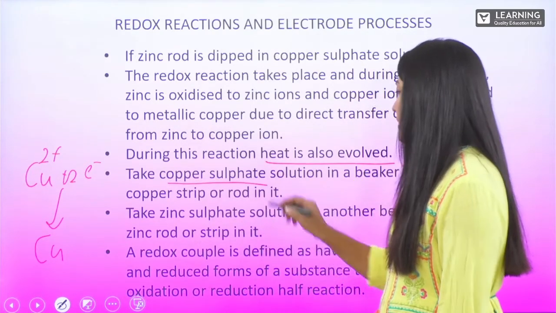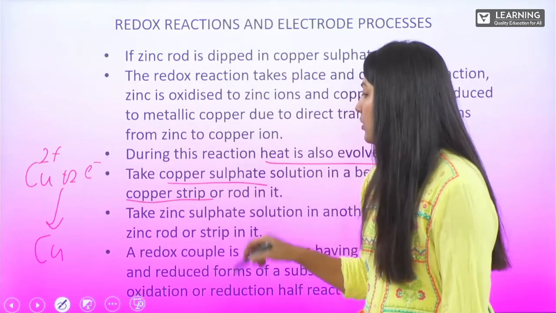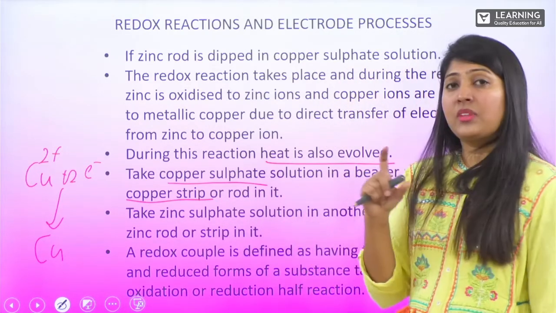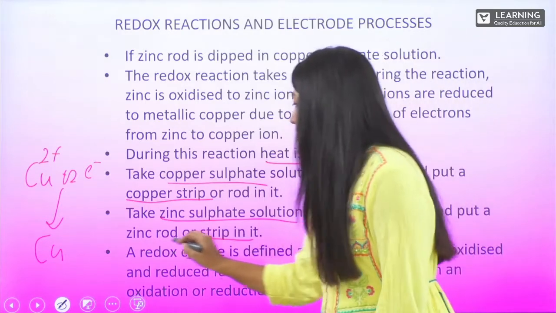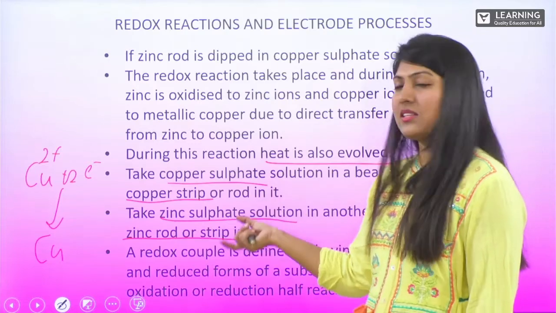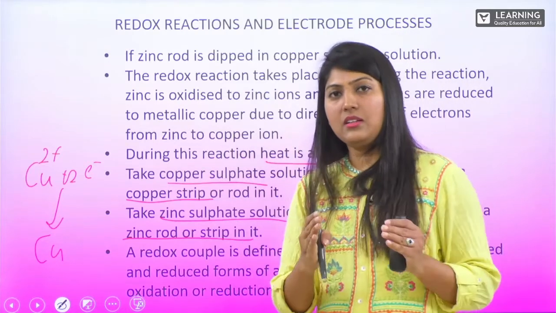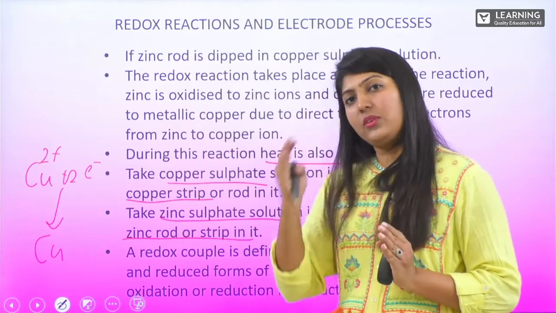Take copper sulfate solution in a beaker and put a strip of copper rod in it. Take zinc sulfate solution and add zinc rod in it. This is called a redox couple, in different beakers: in one beaker copper sulfate with copper, zinc sulfate with zinc.